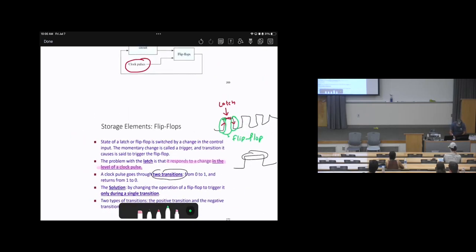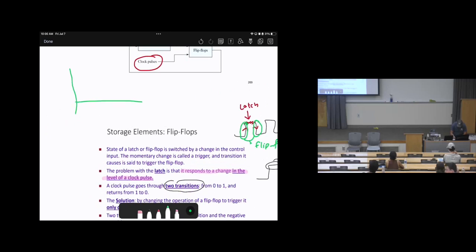I'm going to write something here. Here is the clock cycle. Let's assume here's the clock, and this is D, for example. In D, some changes can happen. So the latch, Q with latch, what will it be?